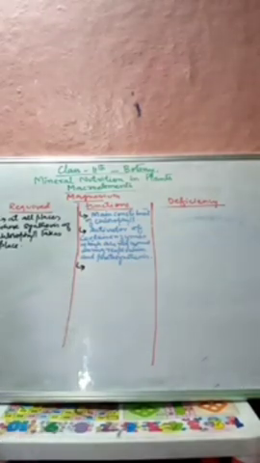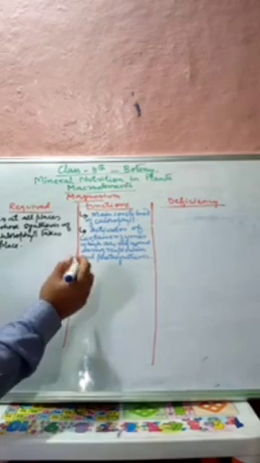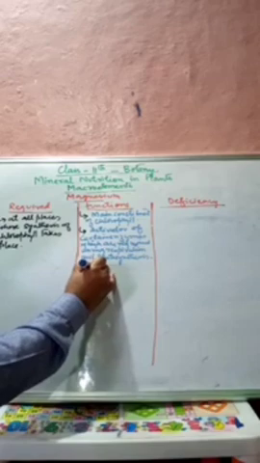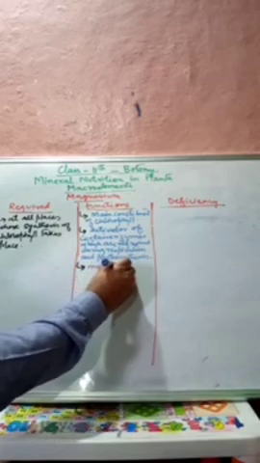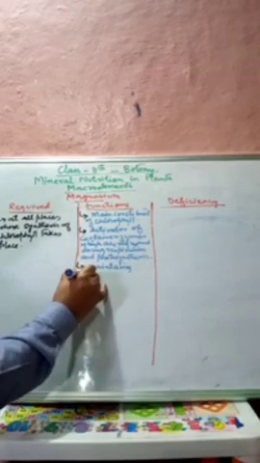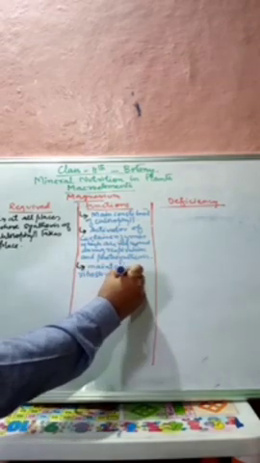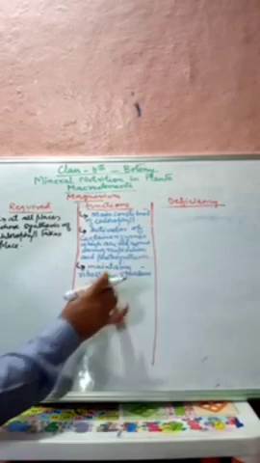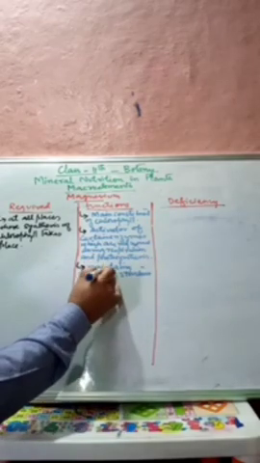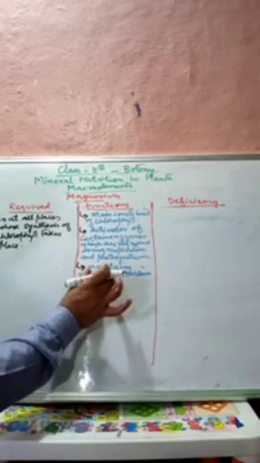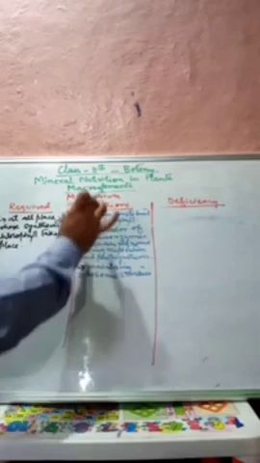Third, it plays an important role in maintaining ribosome structure. The ribosome is the organelle where protein synthesis takes place, and to maintain its structure magnesium plays an important role.